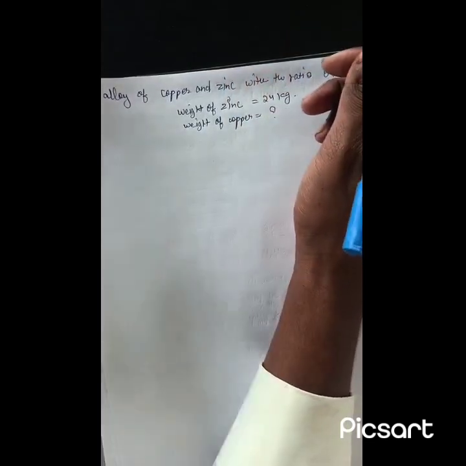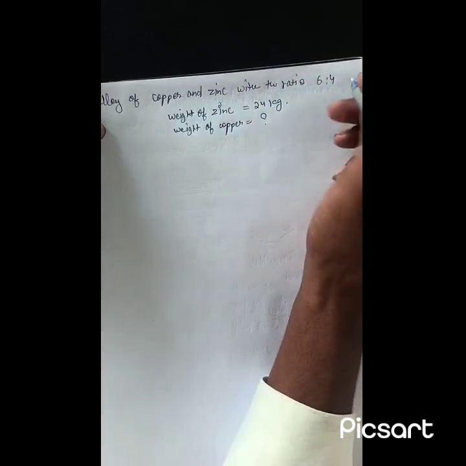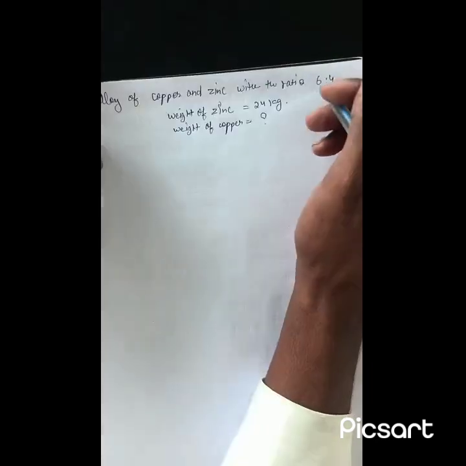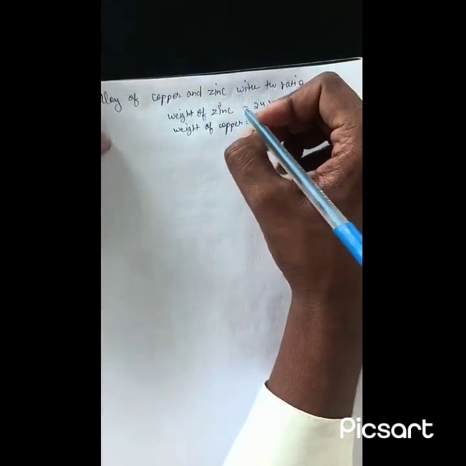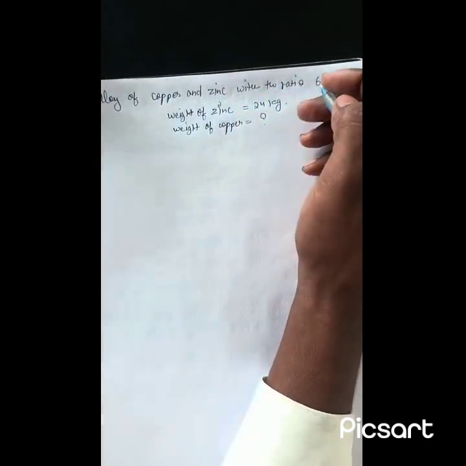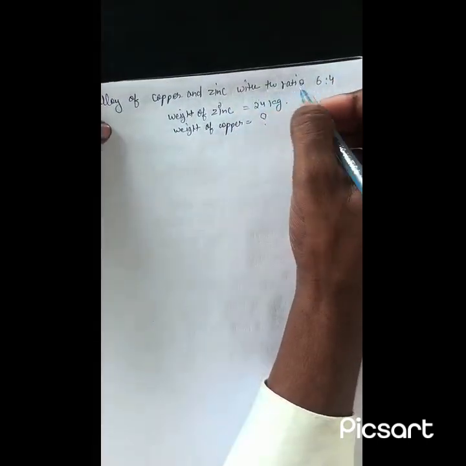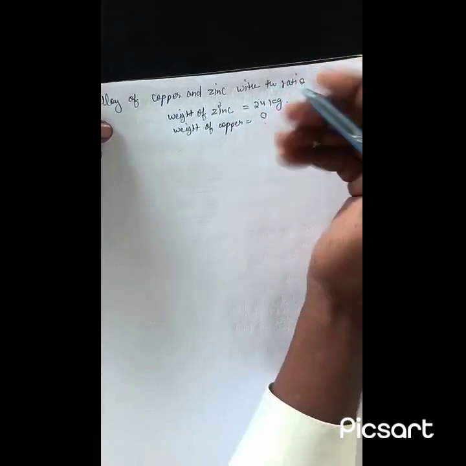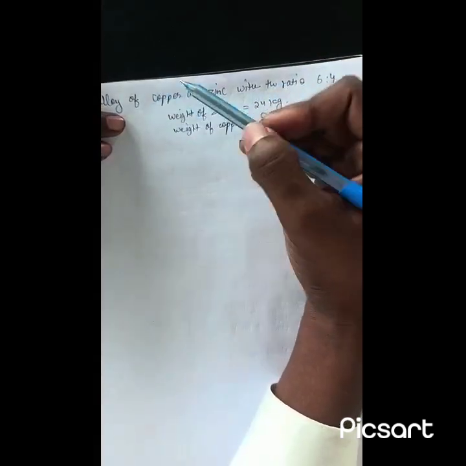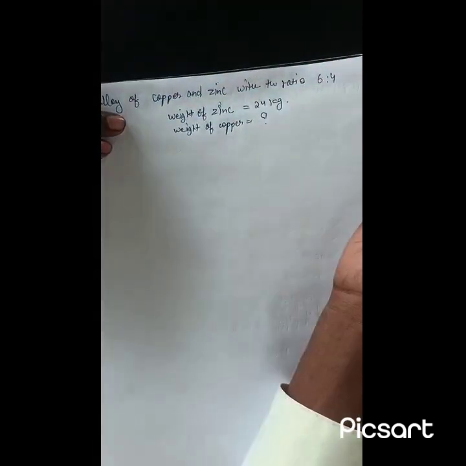Okay, now what it is saying over here is that the alloy of copper and zinc is in the ratio 6 is to 4. Now you have to find the weight of copper. Let the value of the Muntz metal be x.